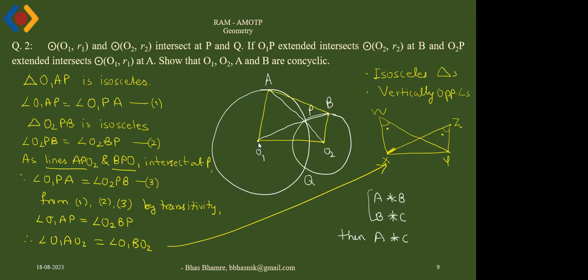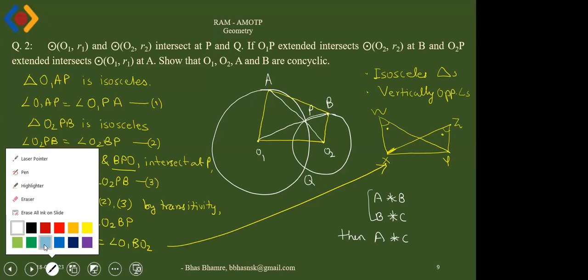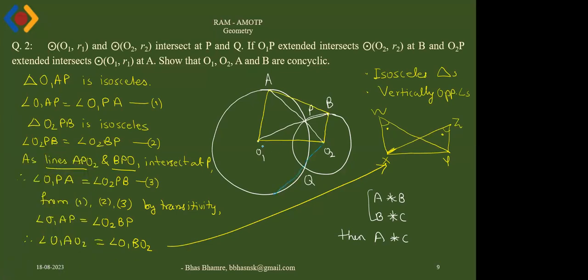When we say O2Q intersects circle 1 at A, I'm saying B is from O1P and A is from O2Q, so they are on opposite sides. The first time I tried to solve this question, I misread it, and this is what I was trying to solve. So how would we do it in that case?